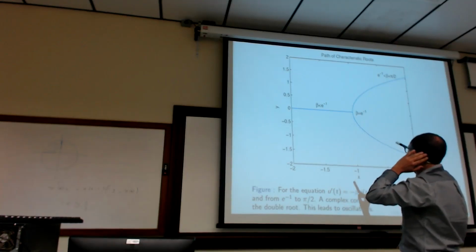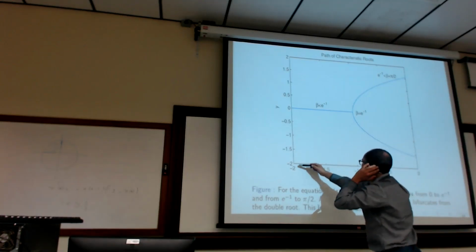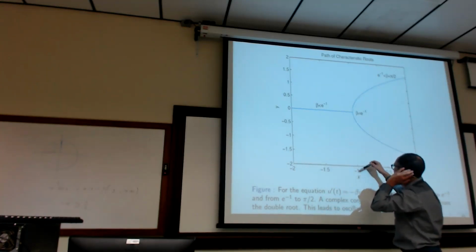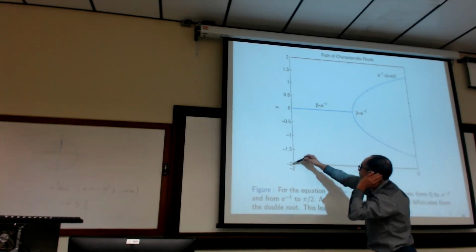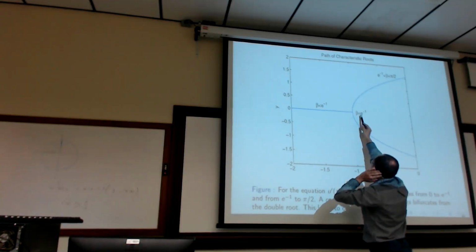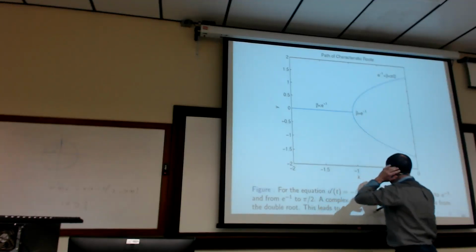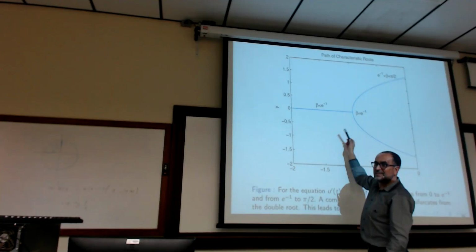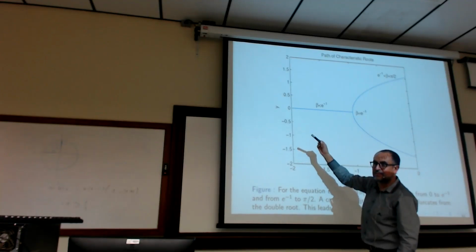The figure is only to say that we are interested only in this. The real part is negative and goes from -2 until -1. And when beta reaches this value, 1 over e, 2 complex eigenvalues appear. Here you have only a real one.